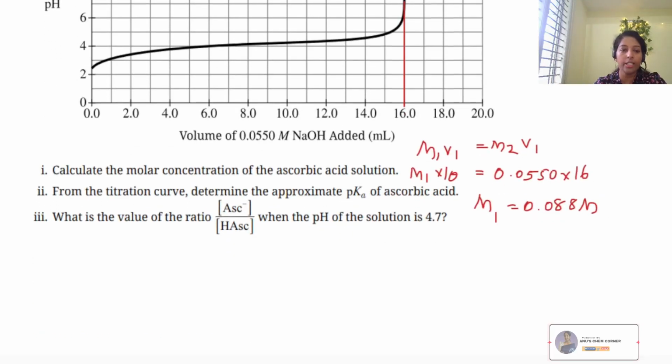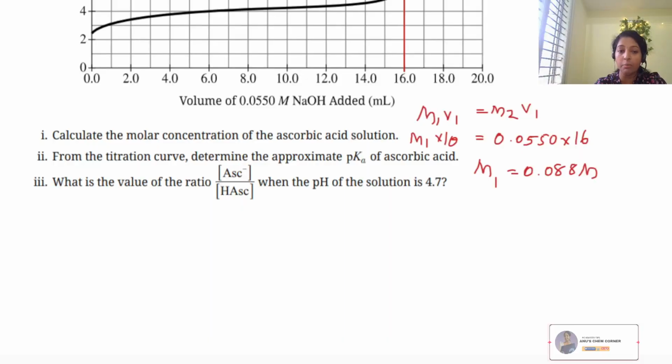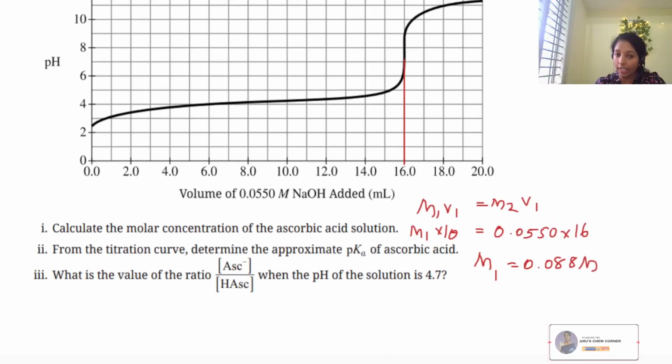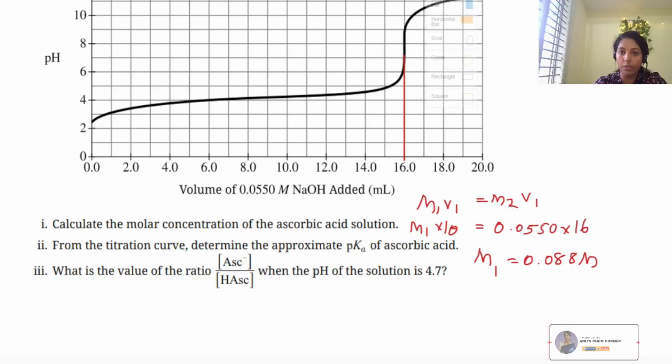Okay, and the second question: from the titration curve, determine the approximate pKa. So a very important point in a titration curve is the half-equivalence point. So what is the half-equivalence point? See, the equivalence point is 16. So the half-equivalence point is at volume 8. Okay, so what is the corresponding pH?